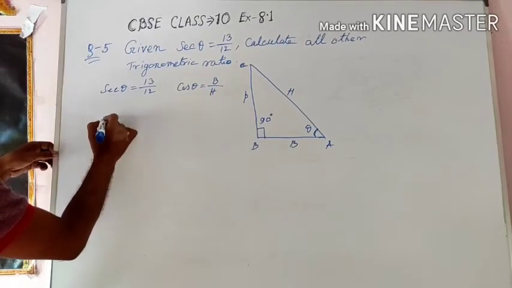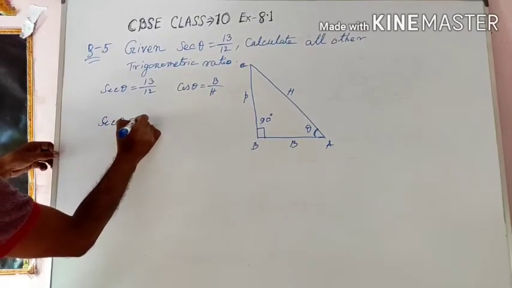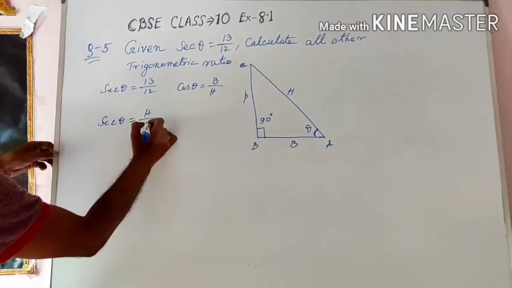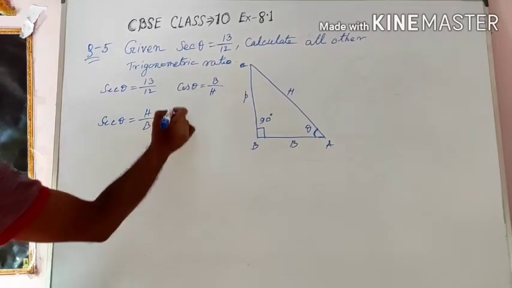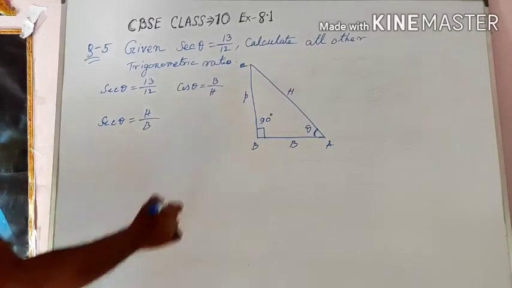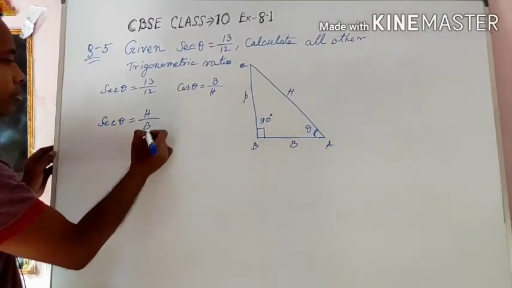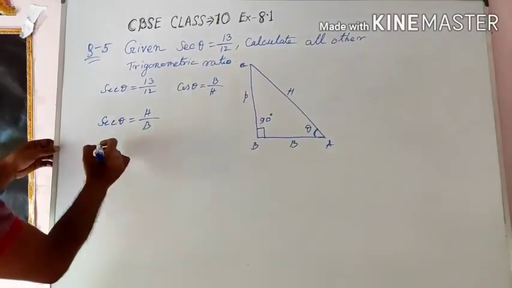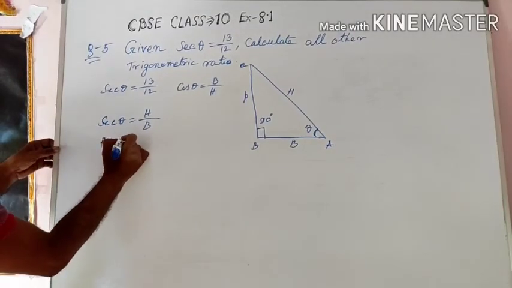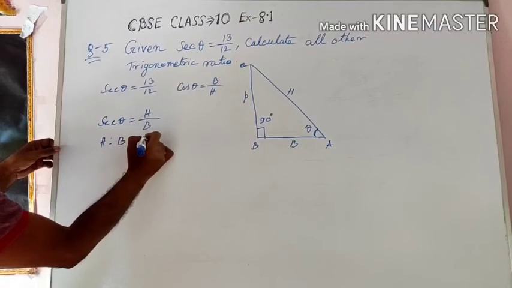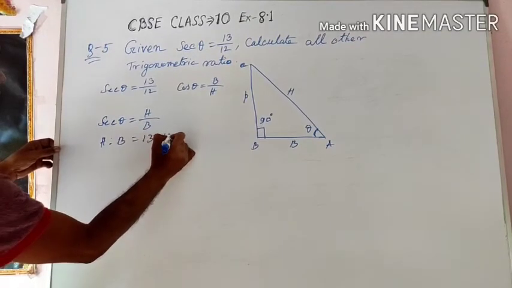Sec theta is equal to hypotenuse by base. So the ratio of hypotenuse is to base is equal to 13 is to 12.